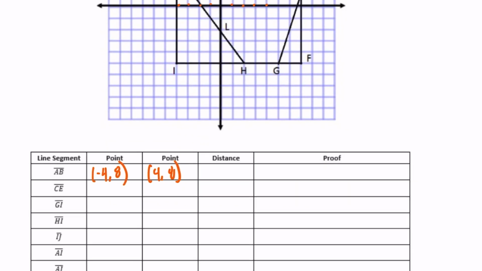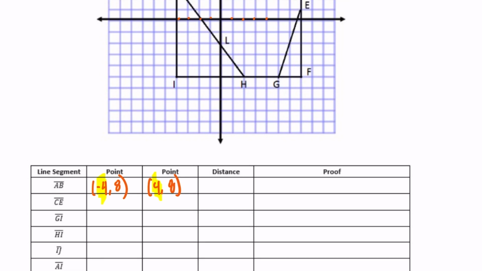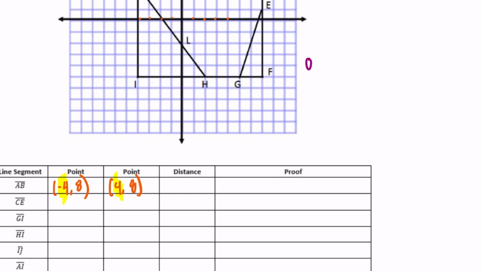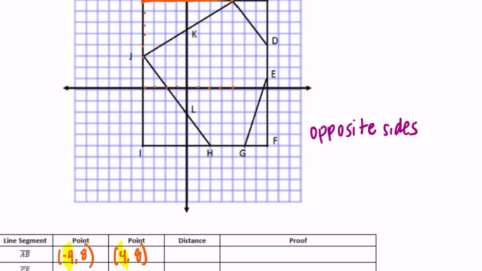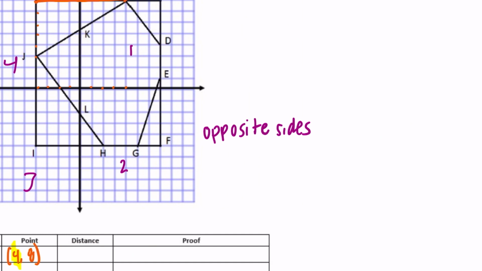So then for the proof, remember we're looking for where they differ. So their 8s are the same. So we're looking at the negative 4 and the 4. So our proof, if anything is negative, we're going to find the absolute value of both of them. If they are on different sides, meaning in different quadrants, so quadrant 1, 2, 3, and 4, if they're in opposite quadrants, then we're going to add.